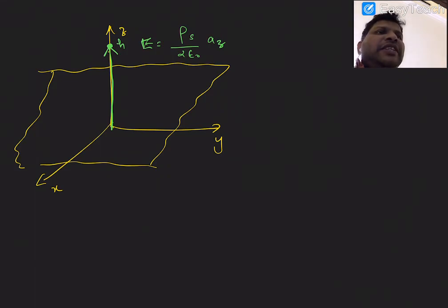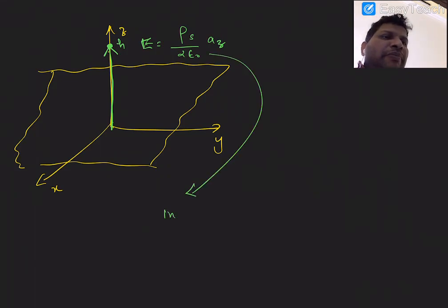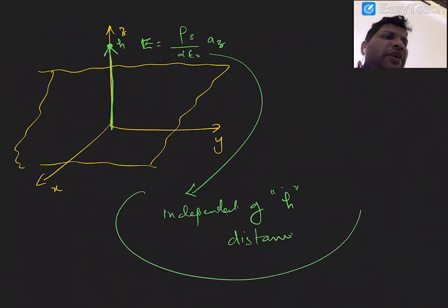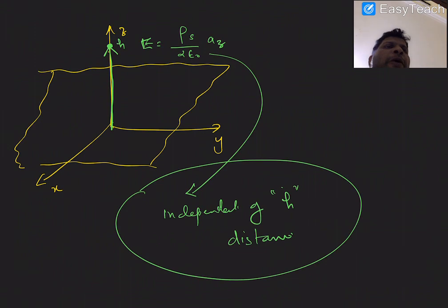But you can see that this is independent of the distance h. So it is independent of the distance. This is a very, very important conclusion. I hope this is clear to you. Thank you.